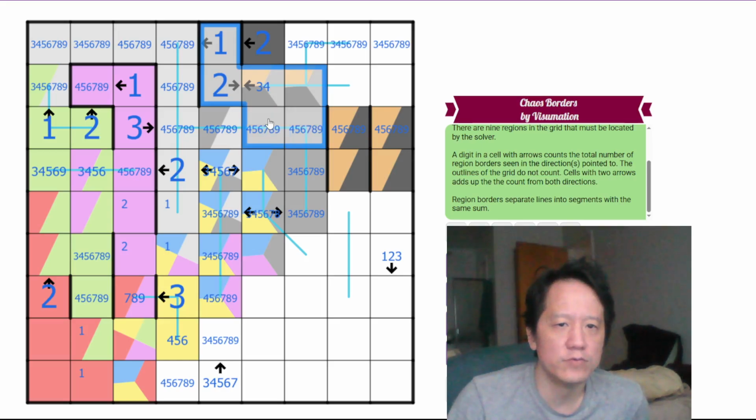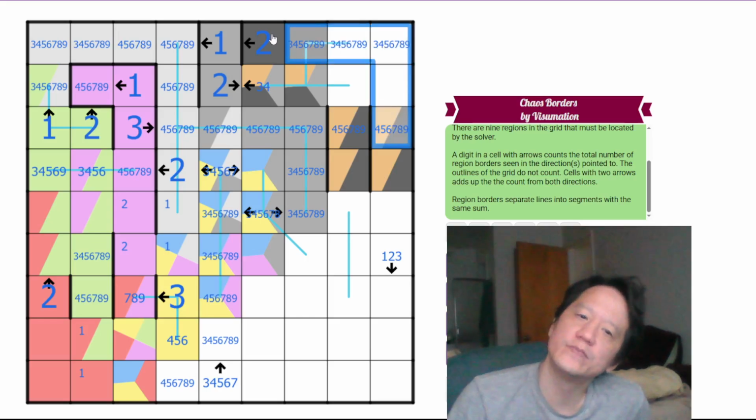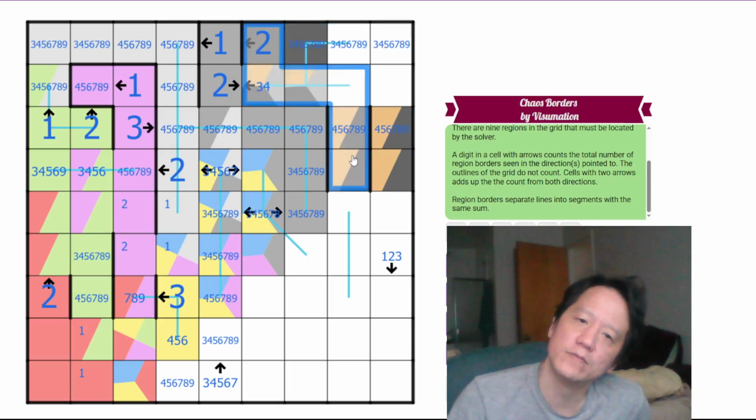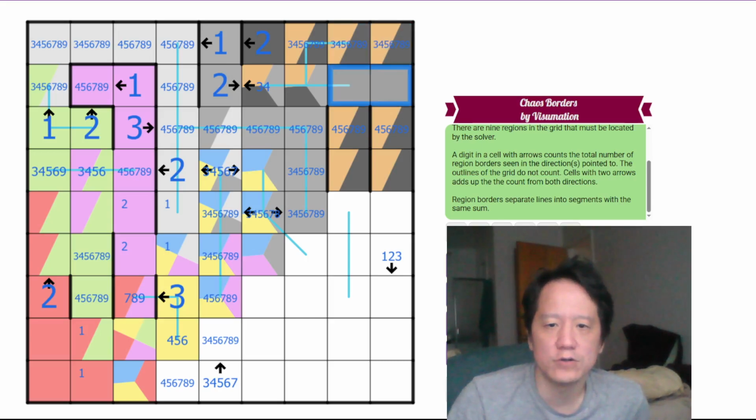Okay, so medium gray cannot go here. This has to be dark. Well, dark could actually go here. Dang it. It cannot be medium. That's all we know. This is orange or dark. This is orange or dark. These are orange or dark, but this could be medium.